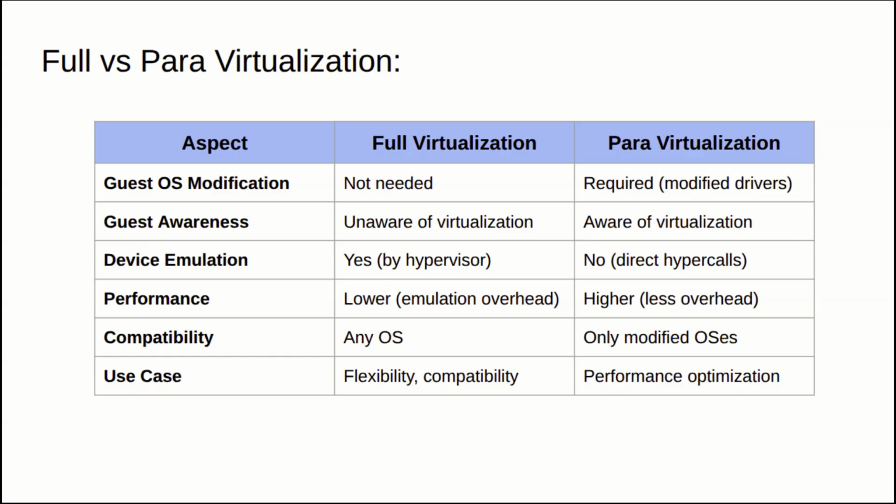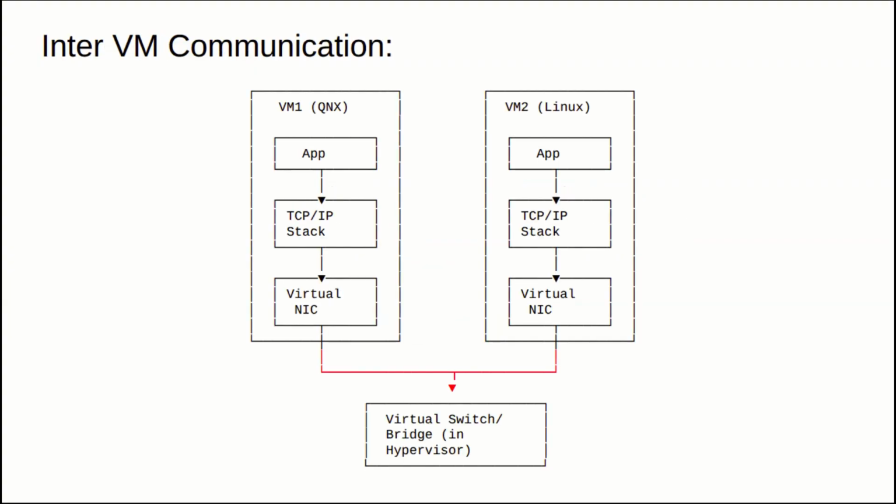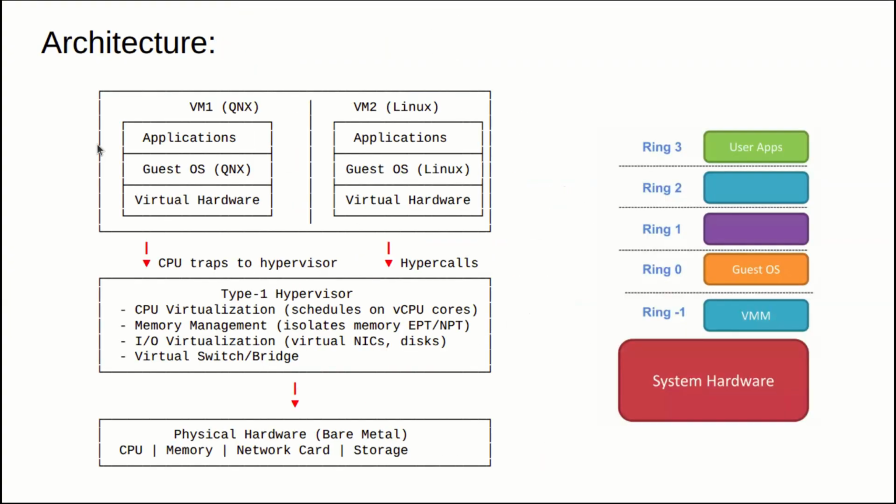Okay, now there is something called para virtualization, and I will explain the difference between full virtualization and para virtualization. Okay, so if we go back, the block diagram architecture which I drew is with respect to a fully virtualized system. There we have virtual hardware, virtual network interface cards, a virtual disk and other things.